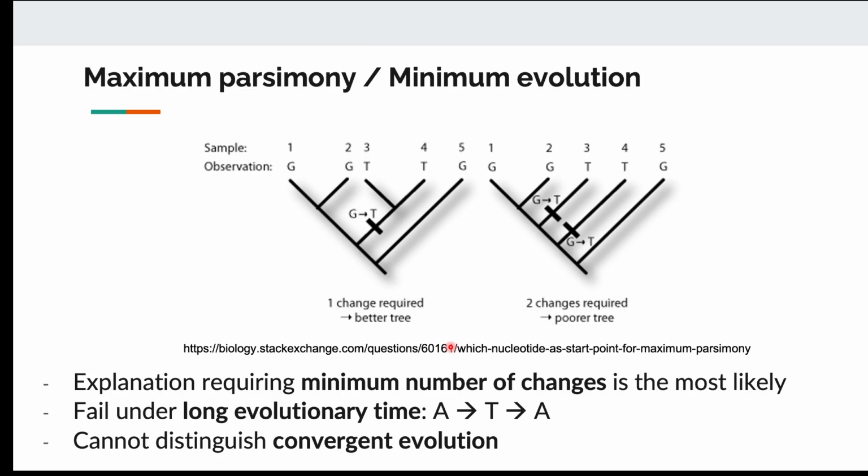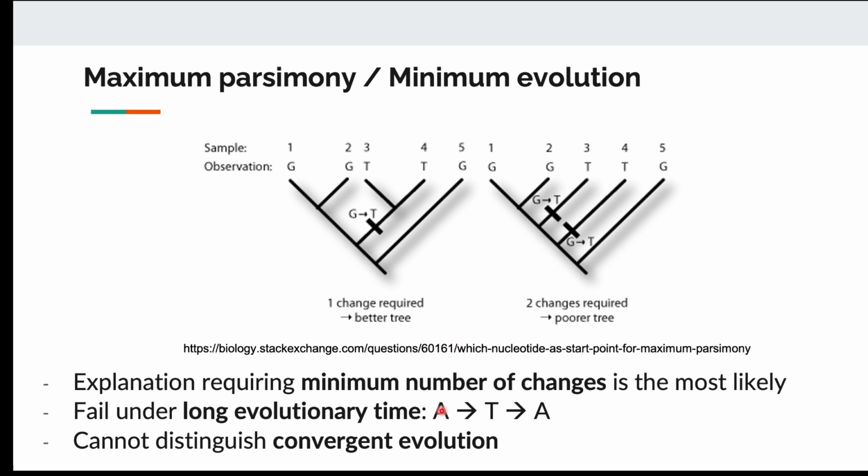One situation where this assumption can fail, as we talked about, is convergent evolution. Another situation where this assumption will fail is when you have a long evolution. If we try to compare human to dinosaur, if we go back that long in the past, it's possible that a mutation can occur and then be reverted.